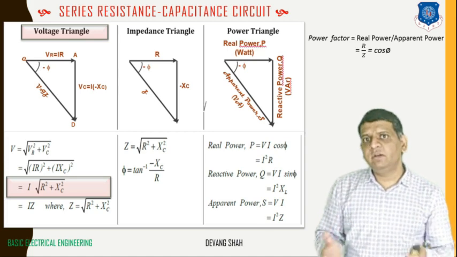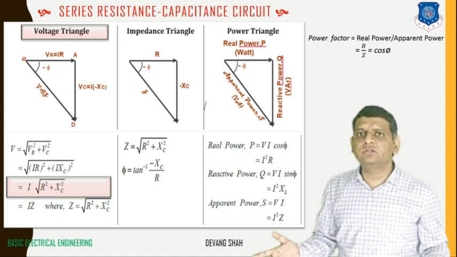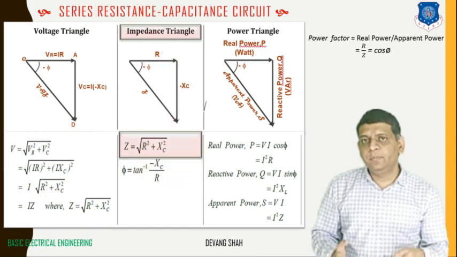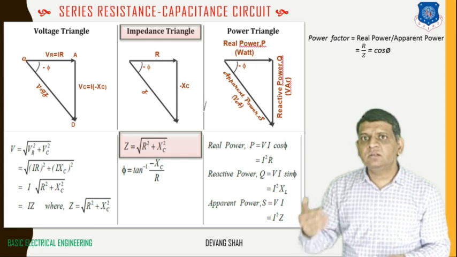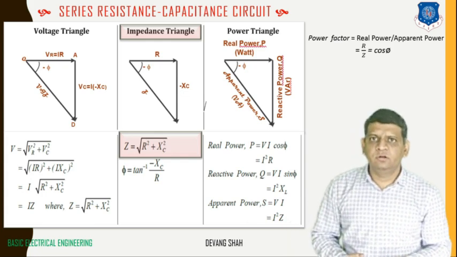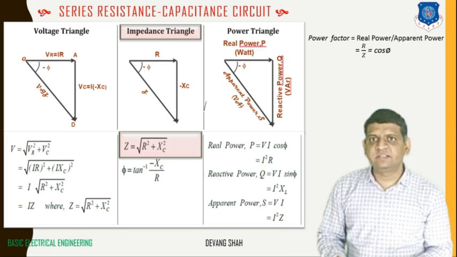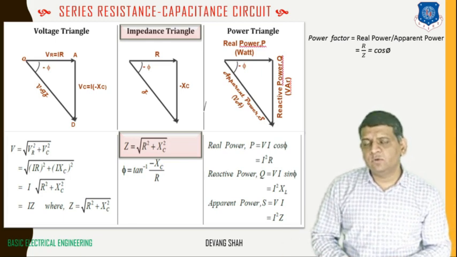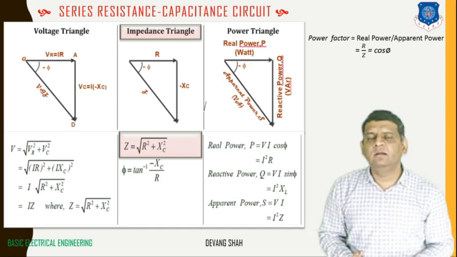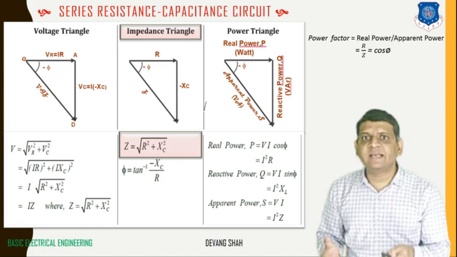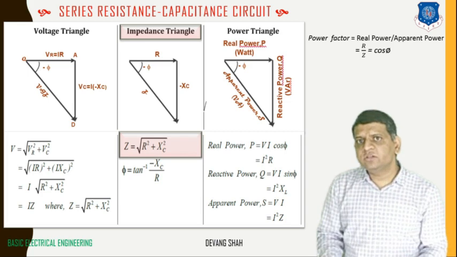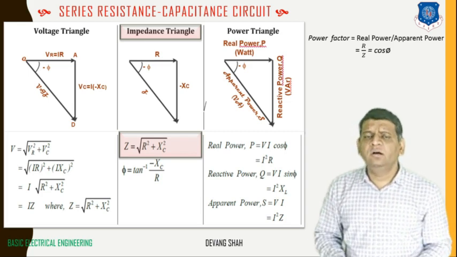Now since the current value is the same throughout this series combination, if I remove the current from all the vectors, you can find the impedance triangle, where you have a resistance, you have a capacitive reactance Xc, and the resultant vector as an impedance Z. So from this you can write the equation of Z is equal to under root R square plus X square, and the resultant angle phi is equal to tan inverse Xc by R. Right, now I am going to multiply this equation into all vector terms.